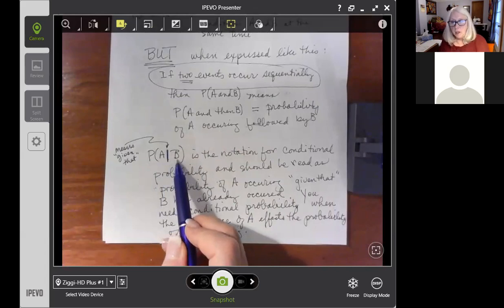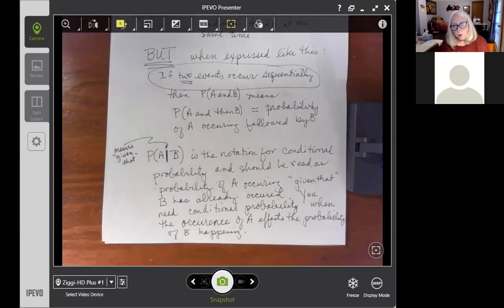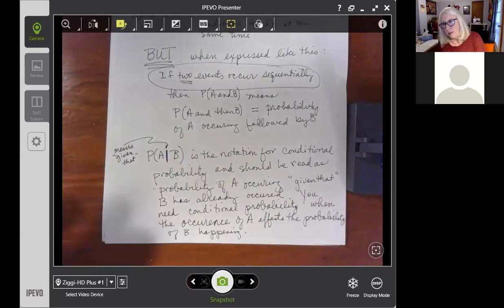Okay, now, the reason you would need conditional probability, sometimes it doesn't matter, right? So there are events that are inherently independent of one another. But conditional probabilities are needed if the occurrence of the first event affects the probability of the second event.